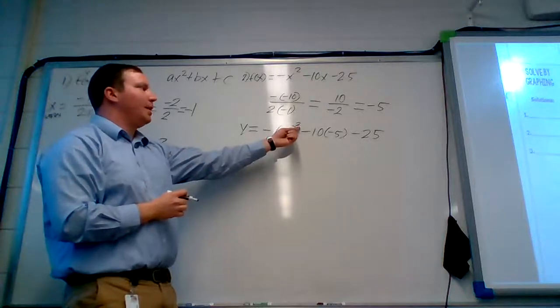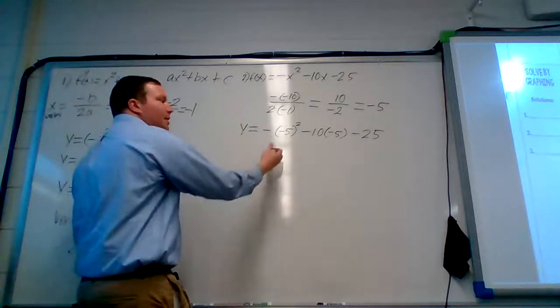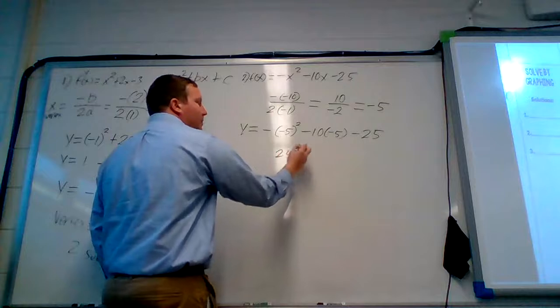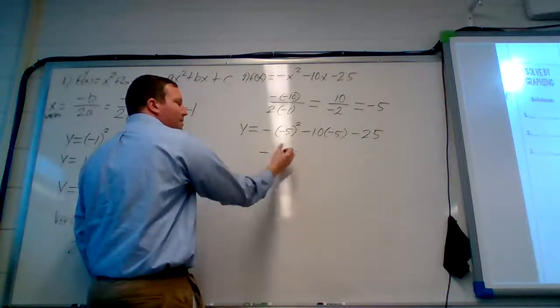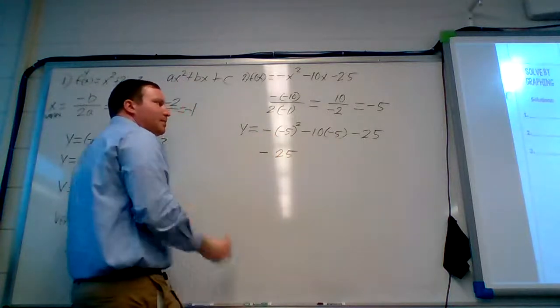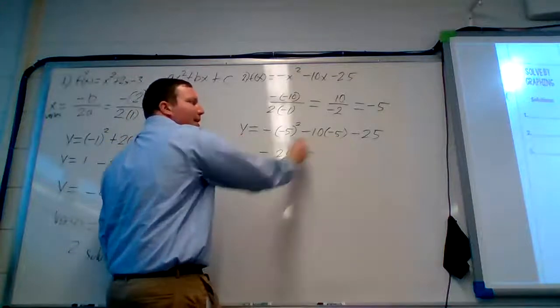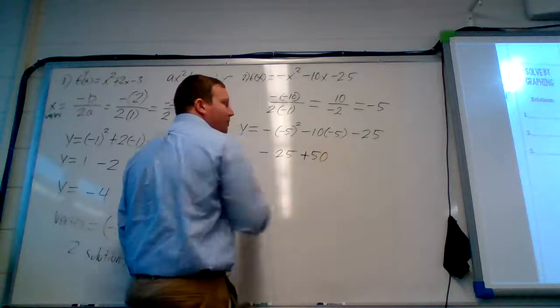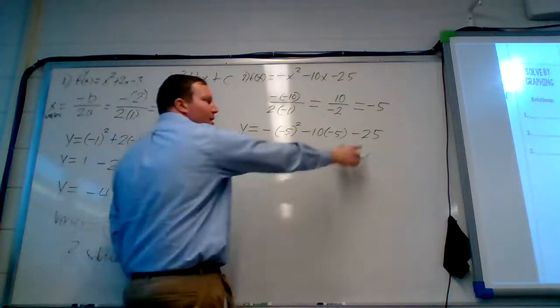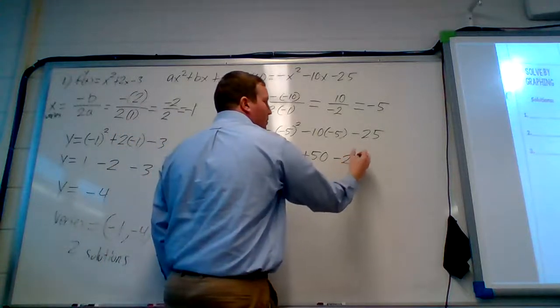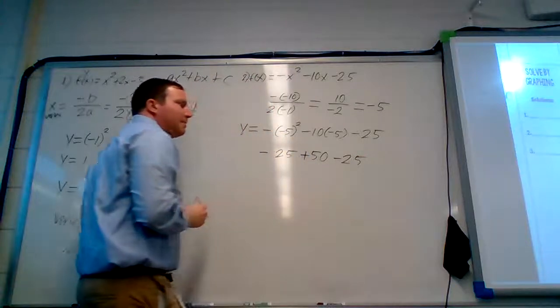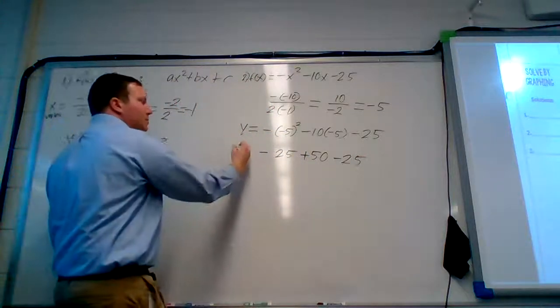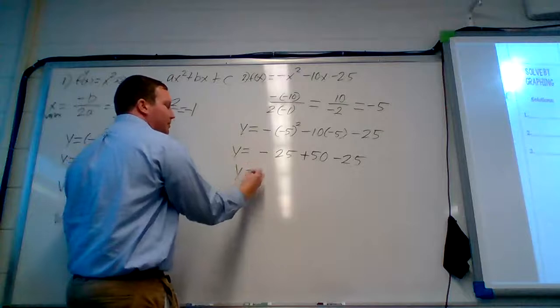Negative 5 squared is going to give us 25. We also have that negative out front, so it's actually going to stay negative. Negative 10 times negative 5 becomes a positive 50, and then minus our 25. So y equals 0.